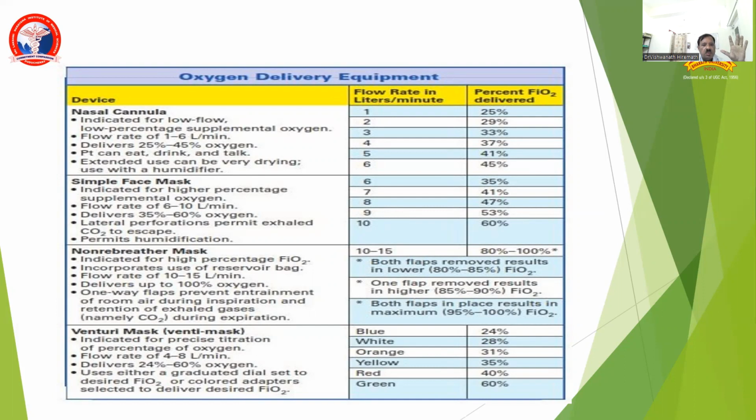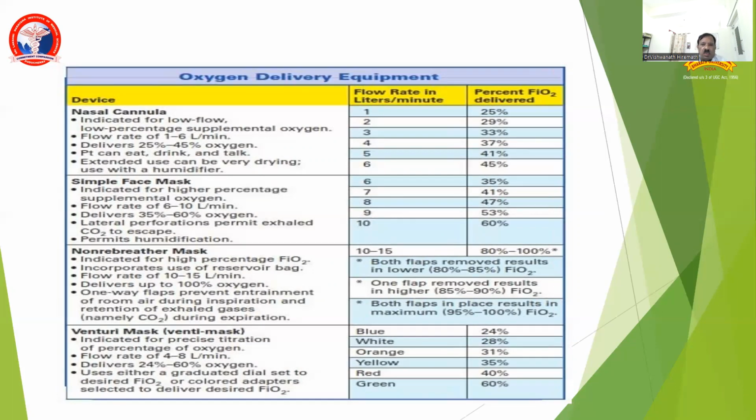Oxygen should be supplemented from low flow delivery systems like a nasal cannula. If the target level is not attained, then go for the face mask.